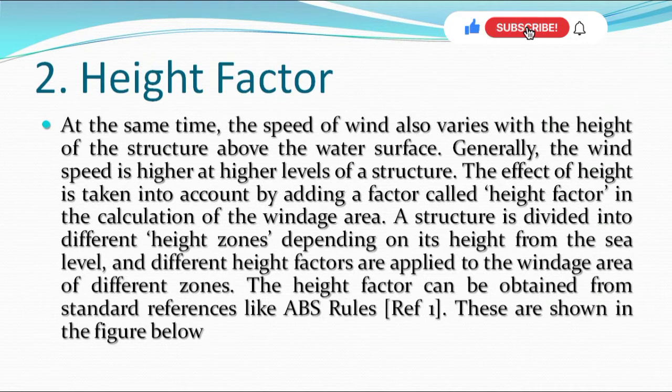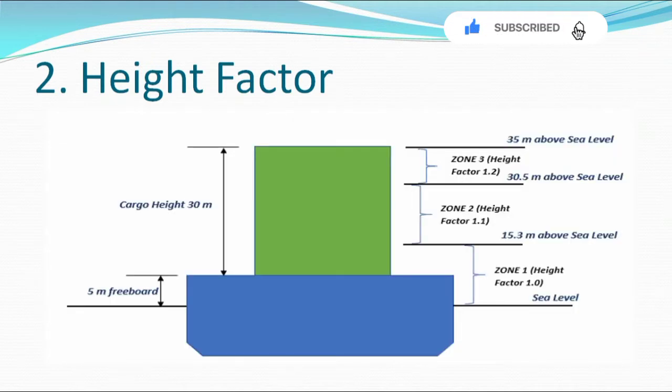So okay, so we have the zones. So this is something to do with the formula or the procedure in getting the windage. We have the zone 1, zone 2, and zone 3.